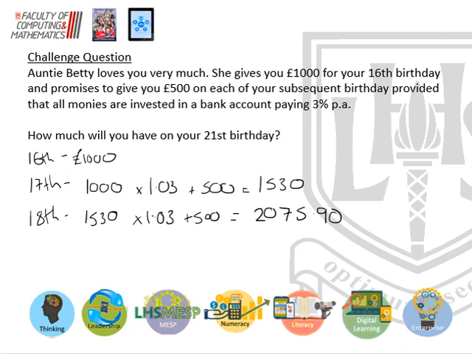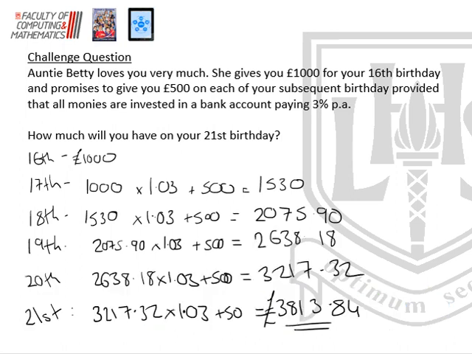Then the same thing happens the next year. At your 19th birthday, that £2,075.90 is going to get 3% interest added, and then you're going to have an extra £500. I just skipped ahead a wee bit.